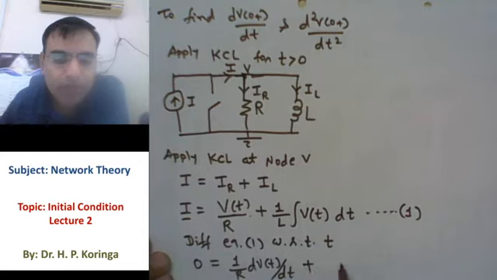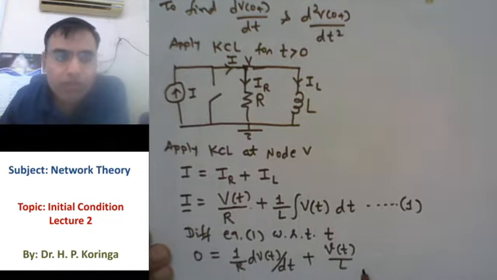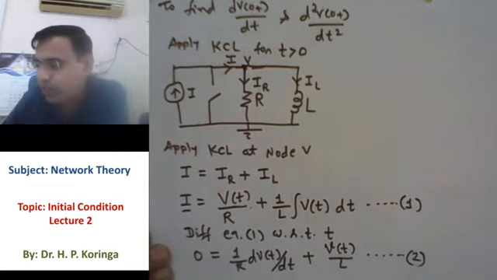And integration and differentiation cancel, so we get V of t divided by L, right? Let's call this equation number 2. In this equation let's substitute t equal to 0 plus, so we'll get dV0 plus divided by dt.